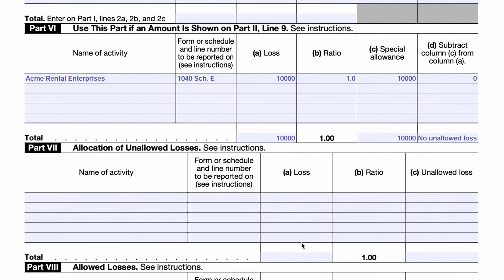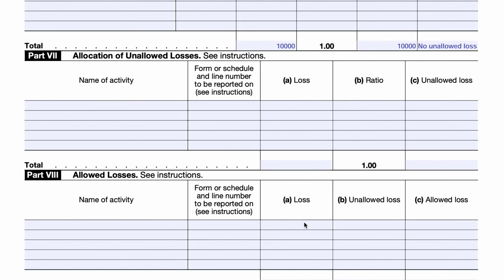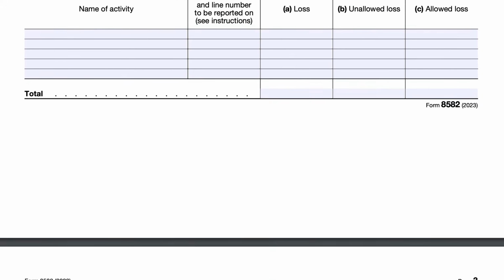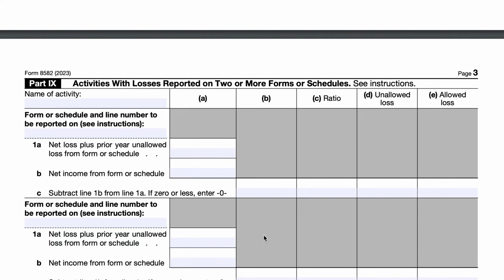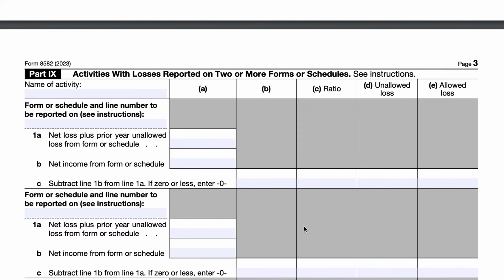Part 7 is a calculation of unallowed losses. Part 8 is for allowed losses. And then part 9 is the section where, if there are losses reported on 2 or more forms or schedules, you would complete part 9 to determine which part of which losses you put into which form or schedule.